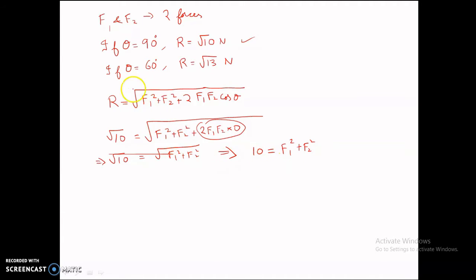Now considering the second case, that is R equal to root 13, then theta equal to 60 degree. So R equal to root of F1 square plus F2 square plus 2 F1 F2 cos 60.